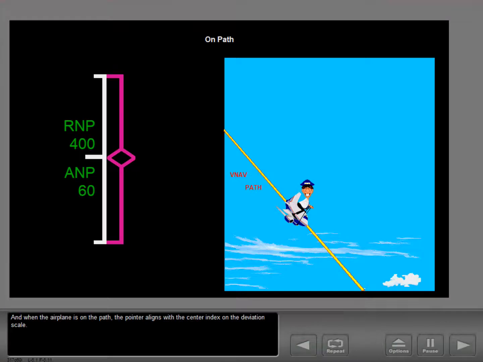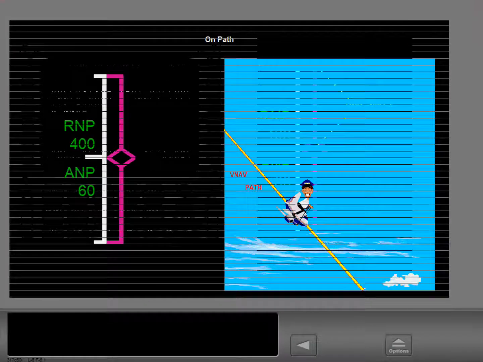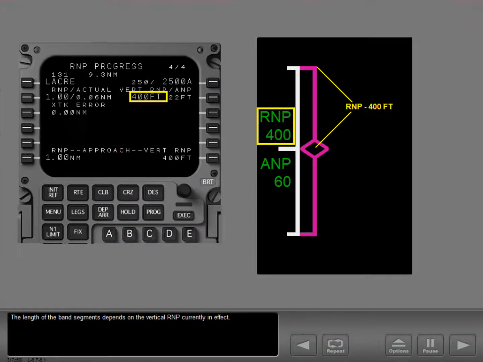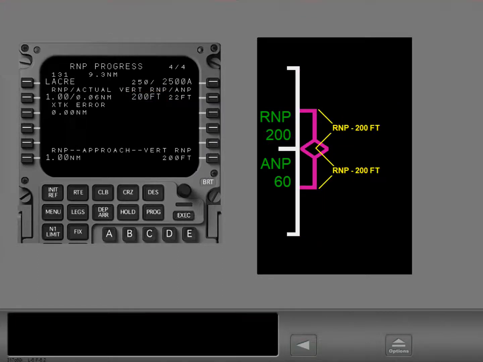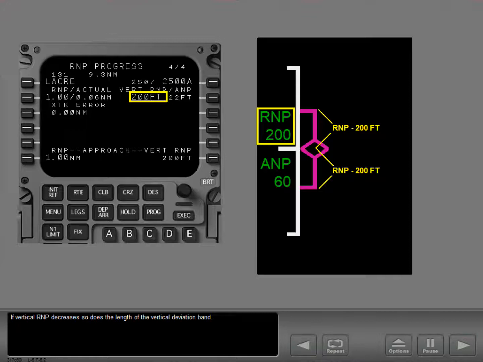And when the airplane is on the path, the pointer aligns with the center index on the deviation scale. The length of the band segments depends on the vertical RNP currently in effect. If vertical RNP decreases, so does the length of the vertical deviation band.